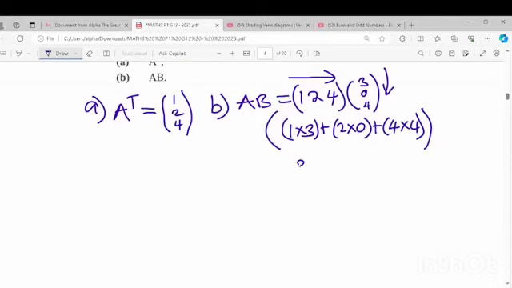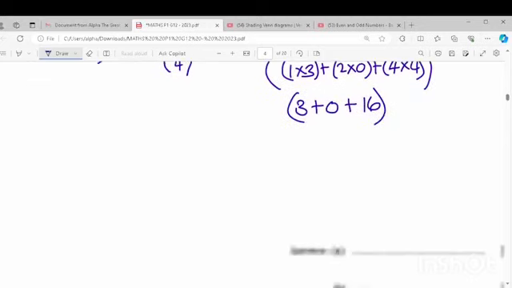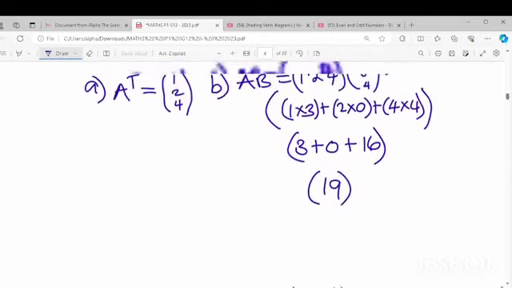So 1 times 3 is 3, plus 2 times 0 is 0, plus 4 times 4 is 16. 3 plus 0 is 3, plus 16 is 19. So this is the matrix they wanted.